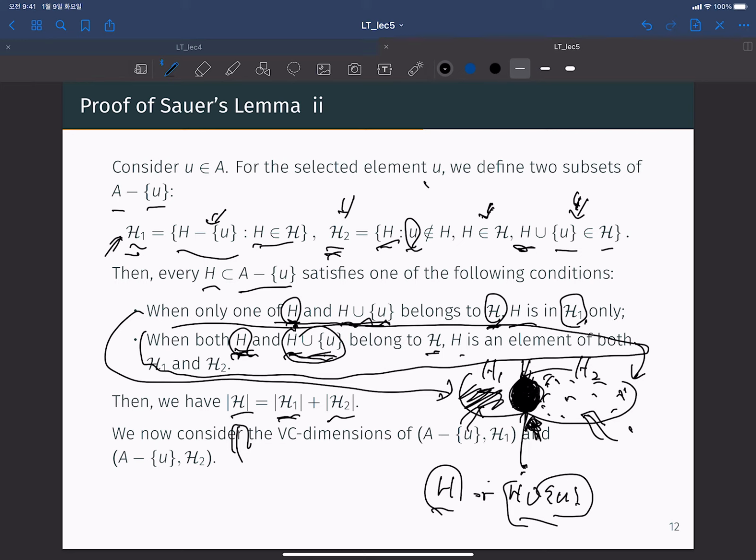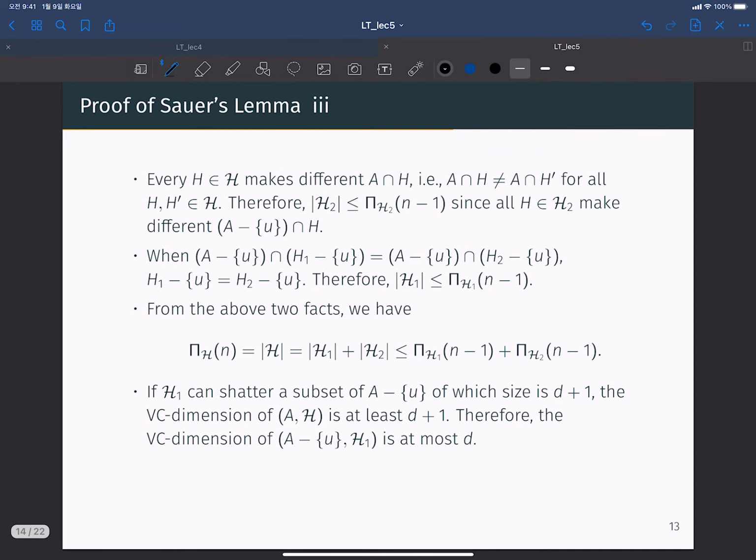So we now consider the VC dimensions of A minus U with hypothesis set H1 and A minus U with hypothesis set H2. Right.